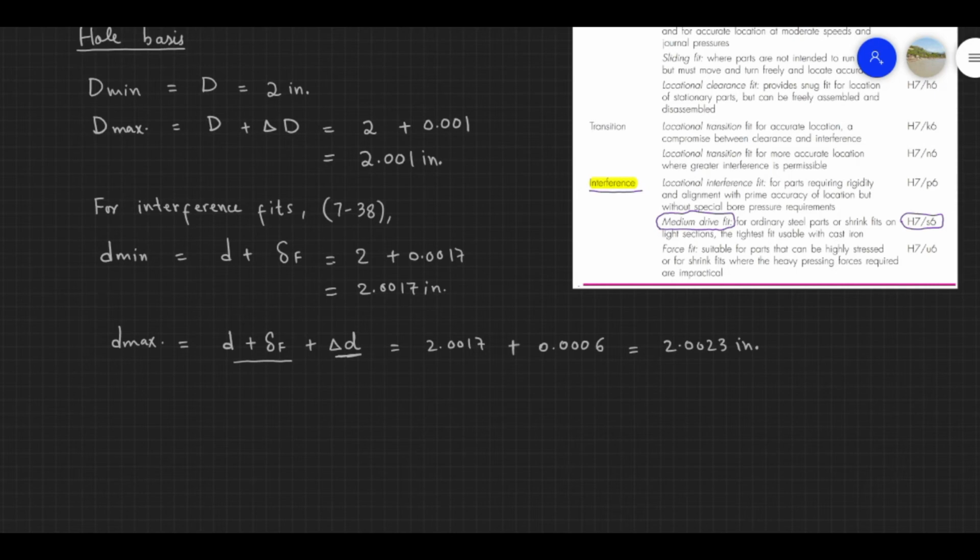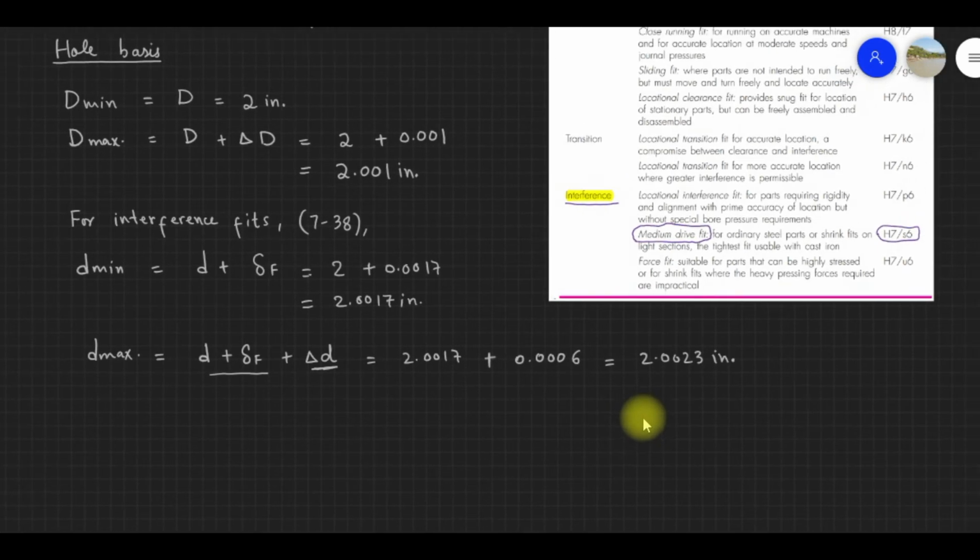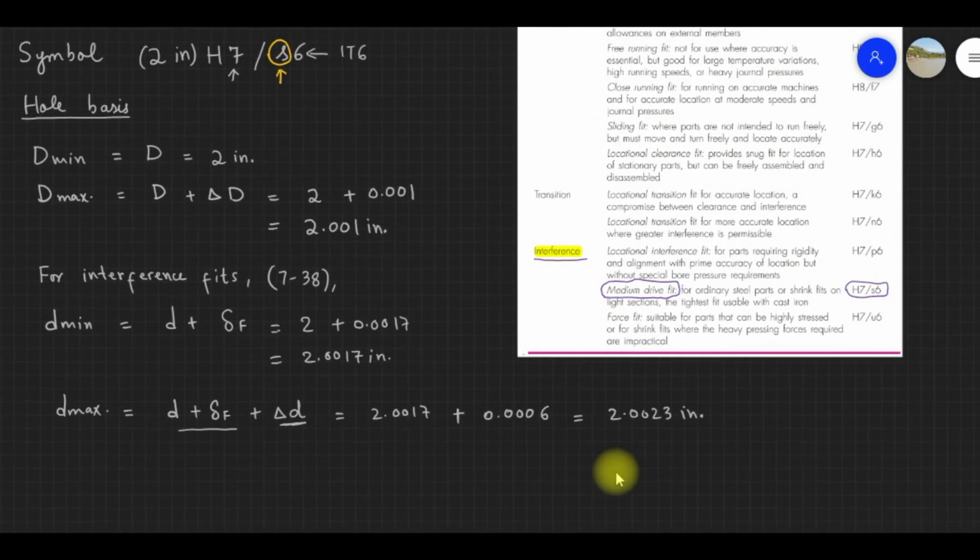So we have fulfilled the minimum requirement of the problem, which stated that we should find out the hole and shaft dimensions. So here we have the first dimension of the hole, the second dimension of the hole, then we have the two dimensions of the shaft here.